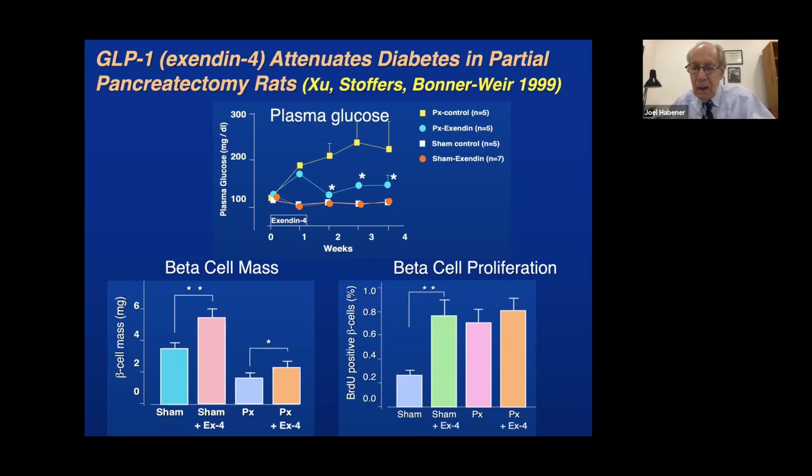So it shows the powerful effect of the exendin agonist on stimulating the increase in beta cells.